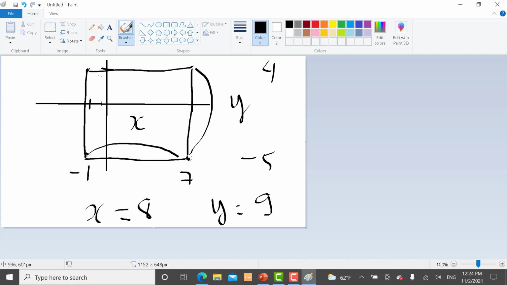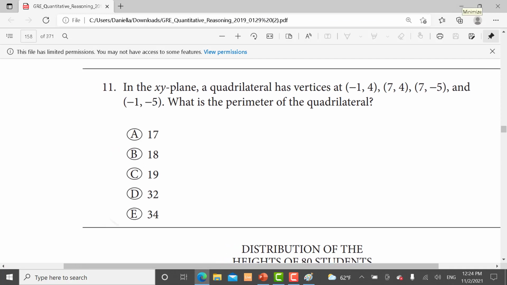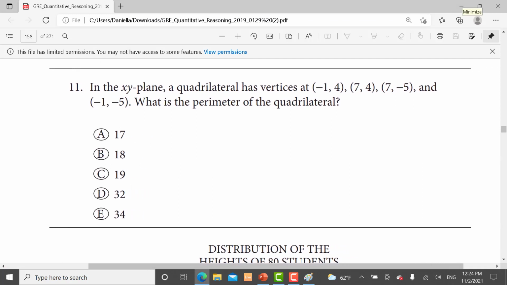So this is basically just a rectangle with one side 8 and one side 9. So the perimeter should be 2 times (8 plus 9). 8 plus 9 is 17, times 2 is 34. So the perimeter is 34, and that's why we go for E. So for question 11, I go for E.